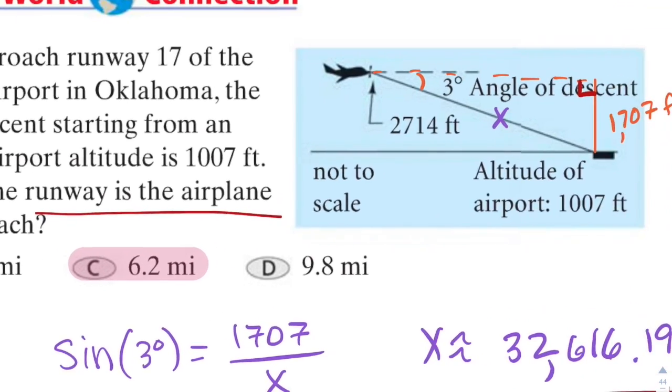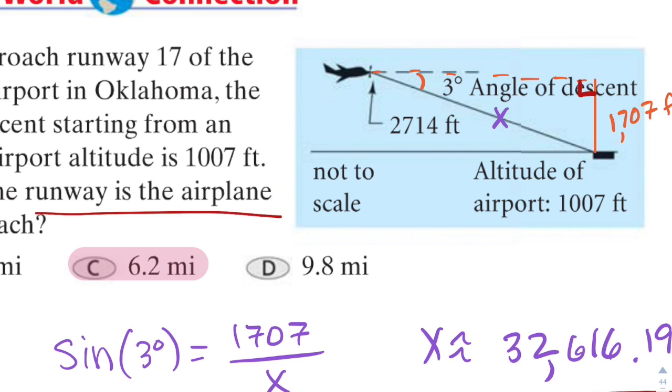So we're not looking for horizontal distance. This distance right here is horizontal. That would be how long until the plane is directly over the airport, right? That would be a horizontal distance. We are looking for direct distance, direct between the airplane and the airport.